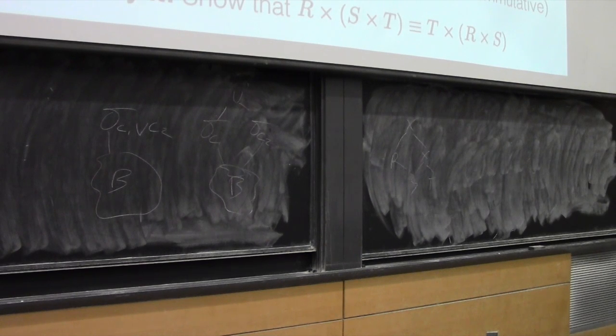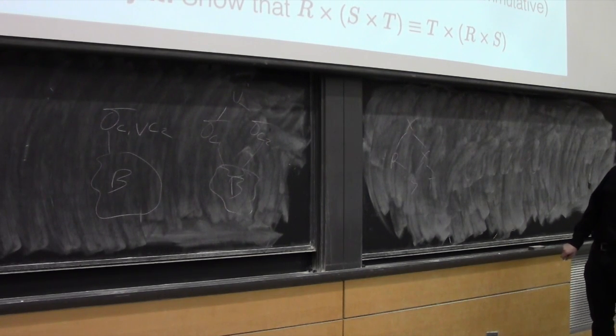Remember proofs from high school algebra? Should be ringing some bells here. Set that equal to R cross S cross T. So what property are you applying here? The associative property.